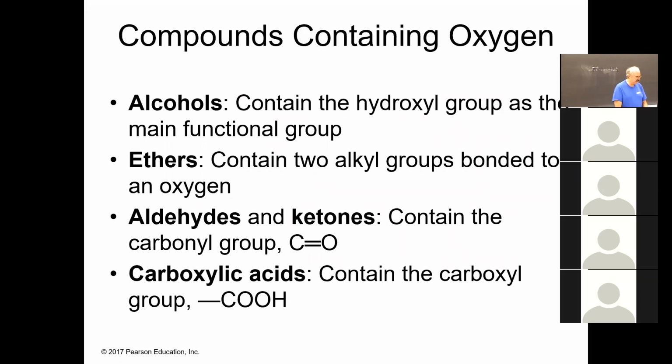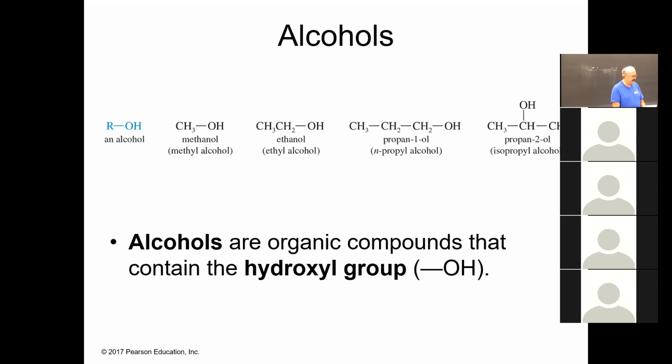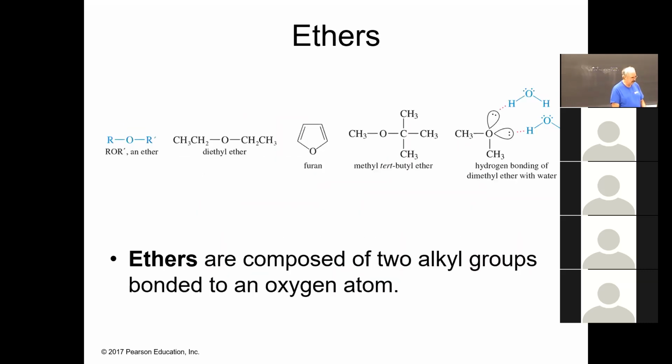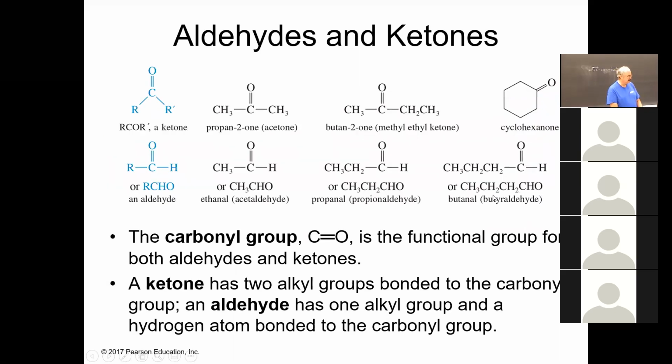Okay, I'm going to move through these fairly quickly. Be able to recognize these structures. Alcohols have an OH. Ethers will have oxygen between two carbons. Make sure you can recognize the difference between aldehydes and ketones.